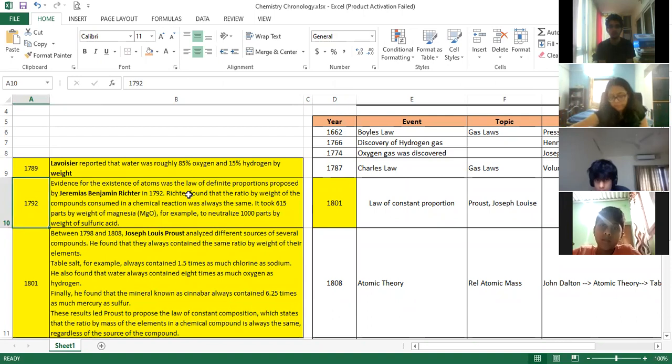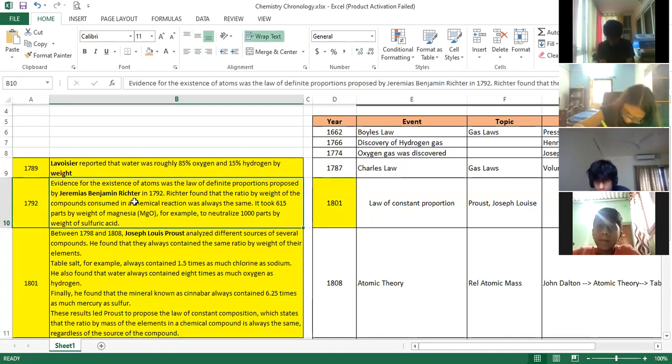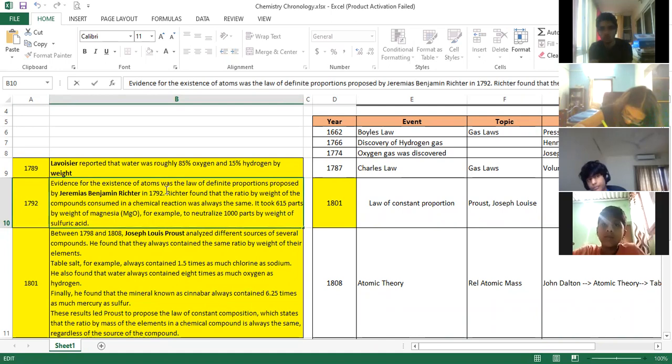Then the second fellow, 1792. Who is this guy? There's this scientist you will never hear about in your lifetime. There's a guy called Jeremias Benjamin Richter in 1792. Can someone read this, please? Rohan, can you please read this?